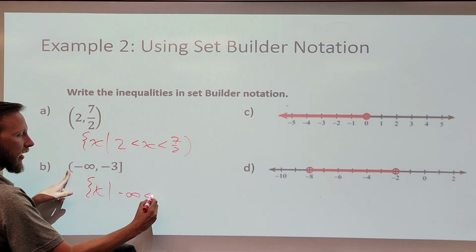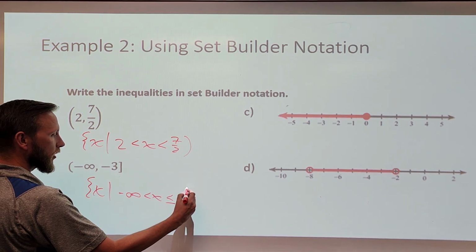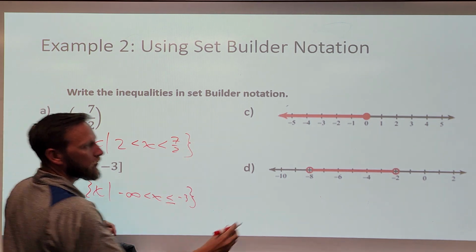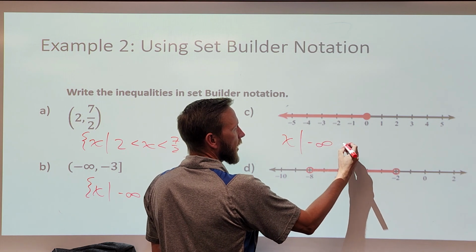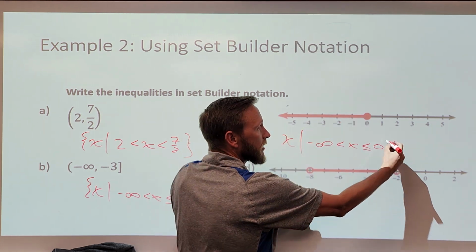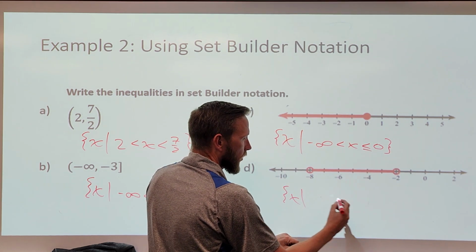Negative infinity is less than x is less than or equal to negative 3, and put the braces there, not parentheses. Put the braces here. We're going to go from negative infinity is less than x is less than or equal to 0. Braces, braces, braces, and braces.